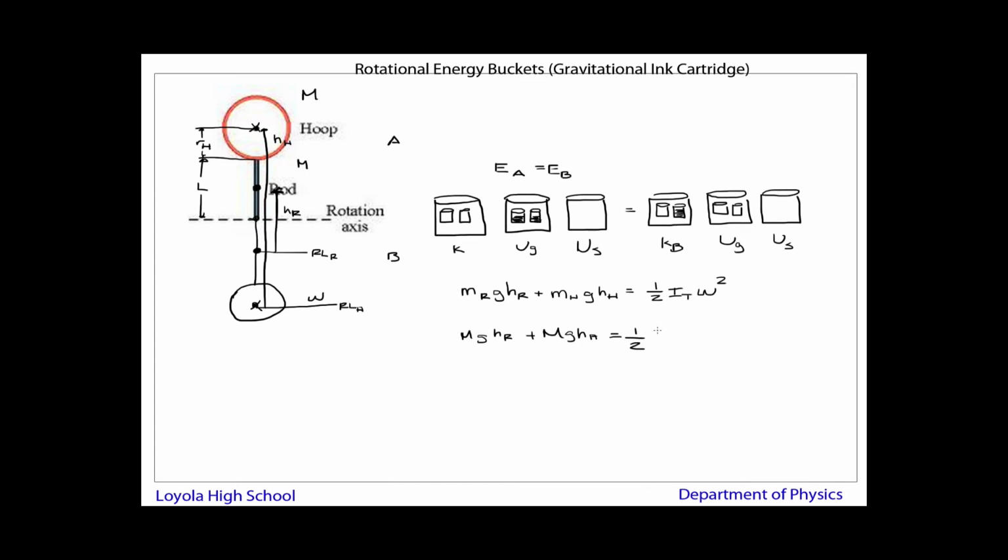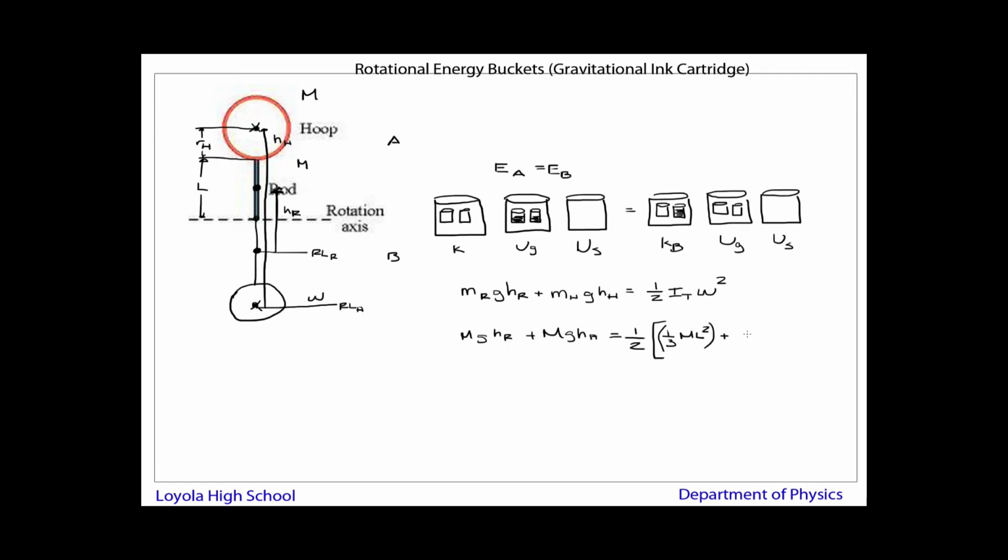Okay, so what we have is the rod, which usually is 1/12 m l squared, but we've done some calculations and we know that about its end, it's 1/3 m l squared, with l the length of the rod itself. And then this hoop here we can consider a singleton mass at that point.